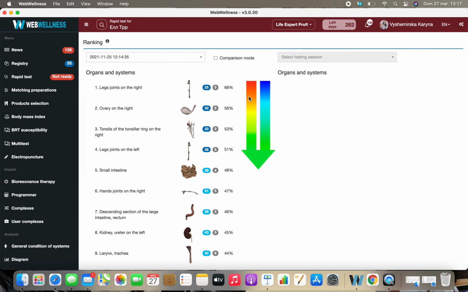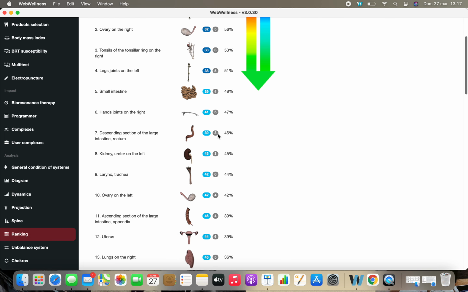Ranking part. What does it mean? It locates the organs and systems that we saw on the diagram, but in the order of the worst to the best feeling organ or system.